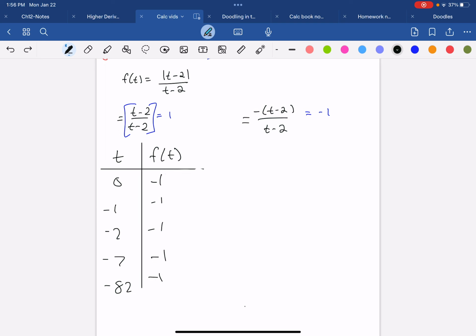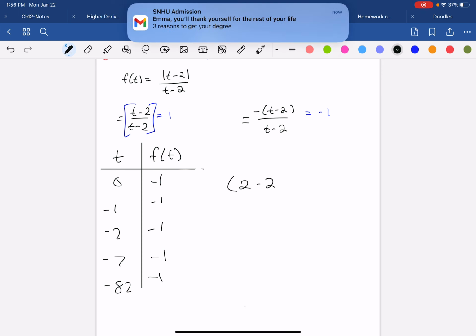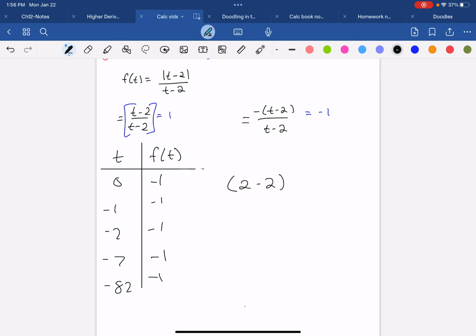So if I plug in 2 minus 2, make that negative, and then 2 minus 2 again, I'm going to be dividing by a 0, and we do not divide by 0, so this is going to be undefined. I don't even have to work it out. I can just look at that and see that it's going to be undefined.